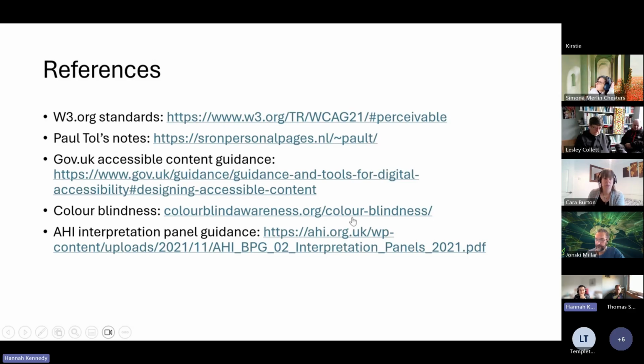If you want to learn more about colorblindness, this is a really good resource. It gives you some stats, etc., and some considerations you can put into your design and illustration. And then finally, I've just included this AHI interpretation panel guidance, which is more about design accessibility of interpretation panels, but it's something that I found quite useful to refer to.